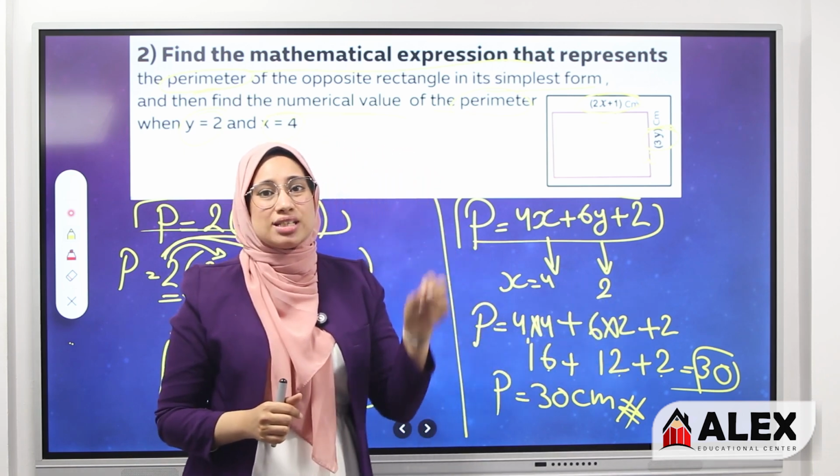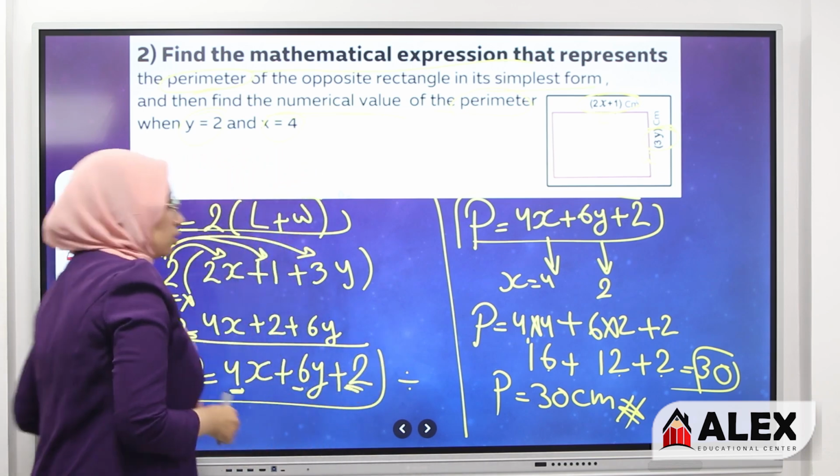Then the perimeter equals 30 centimeters. The second one.